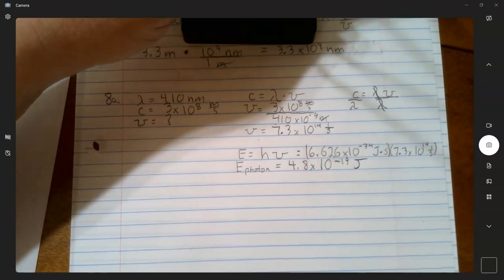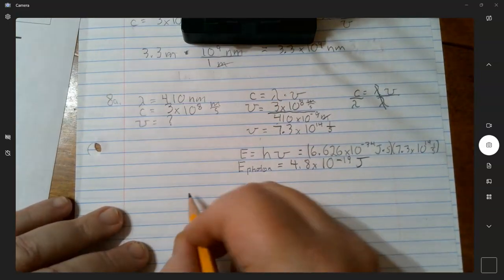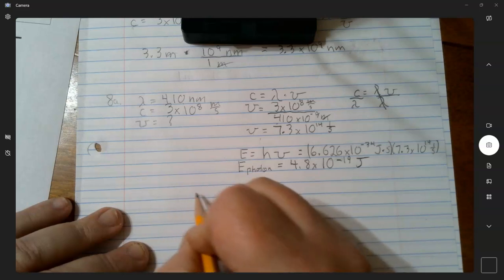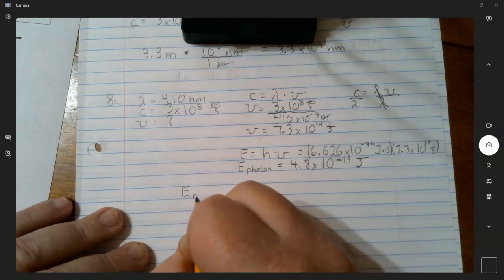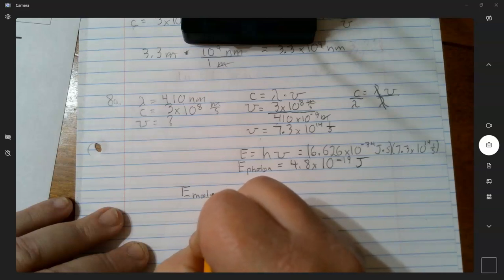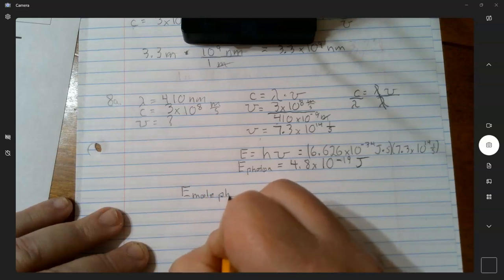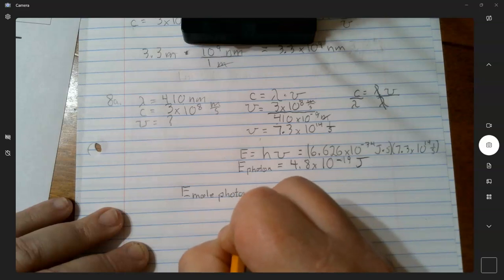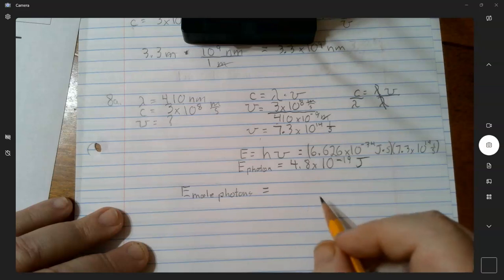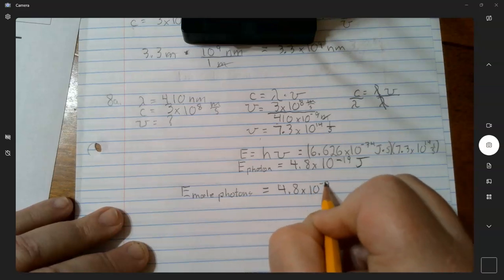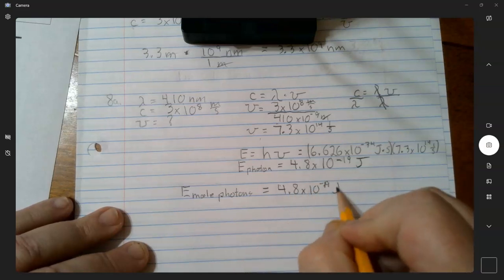So 1 mole of anything is 6.022 times 10 to the 23rd. So we're going to come down here. Mole of photons, I'll just spell it out, equals, okay, you have this for 1 photon, 10 to the minus 19th, joules per photon.